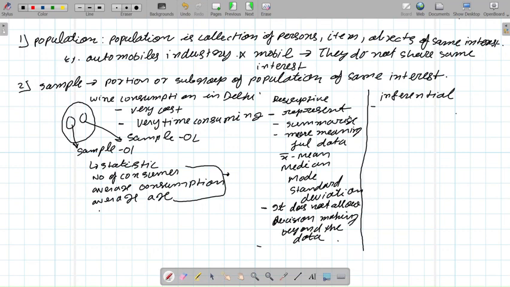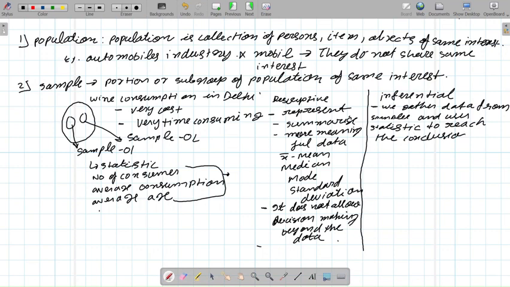And in inferential statistics, we gather data from samples and use statistics to reach a conclusion about the population.